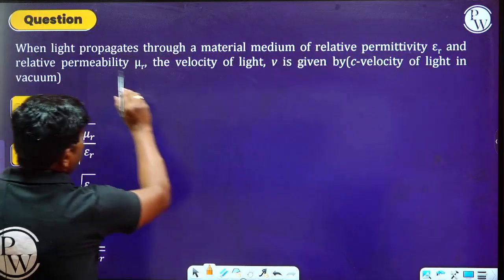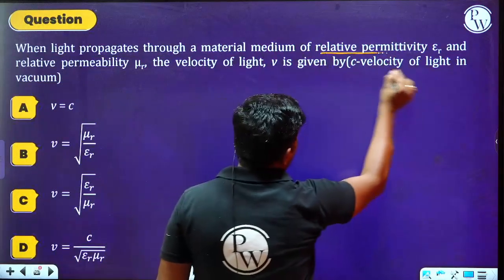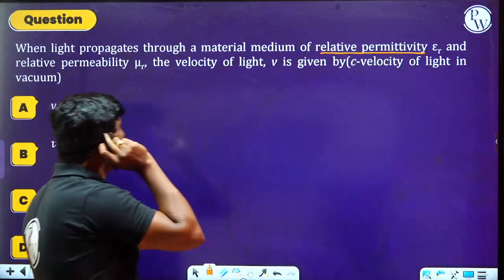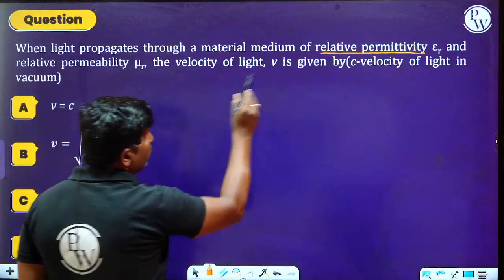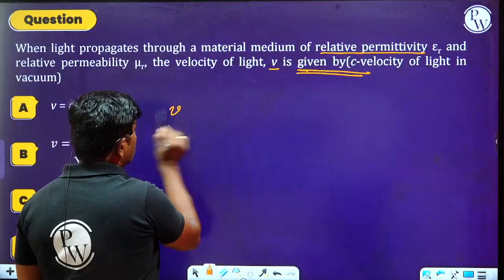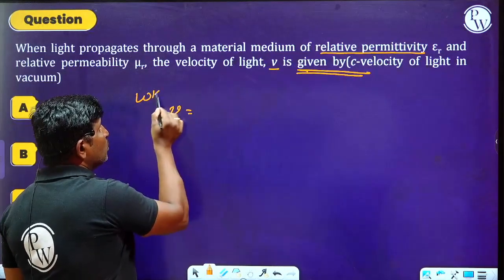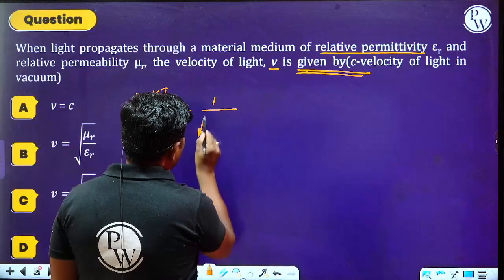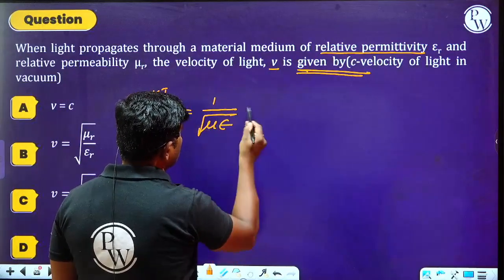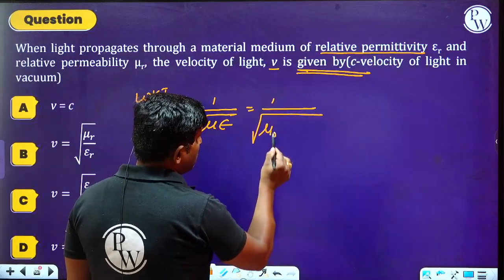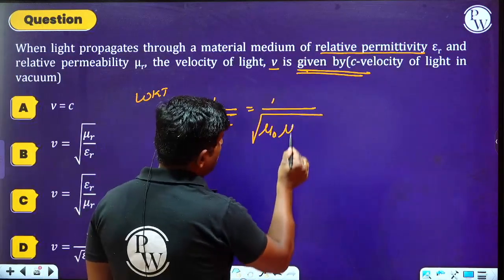When light propagates through a material medium of relative permittivity epsilon r and relative permeability mu r, the speed of light V is given by, we know that the speed of light in any medium is equal to 1 by root of mu into epsilon. Mu can be written as mu naught into mu r.